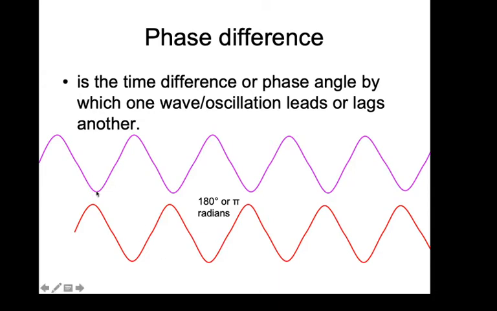So let's say this one started here, and then as it came up and back down, the second one starts when the first one has undergone half of its period, or half of that first wave.